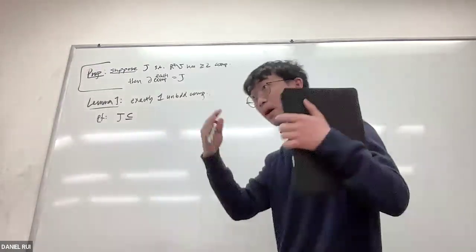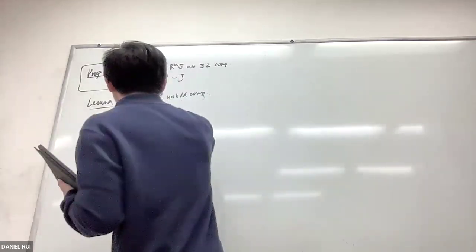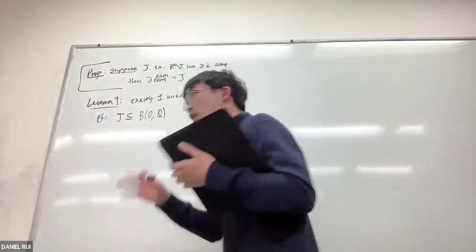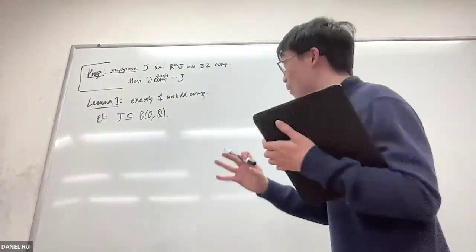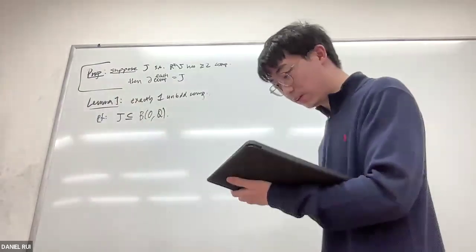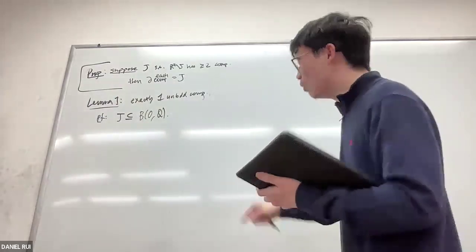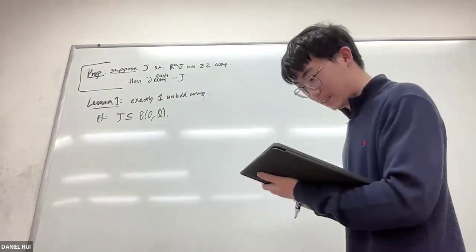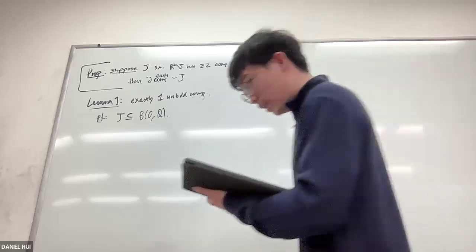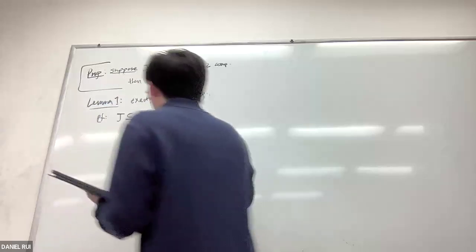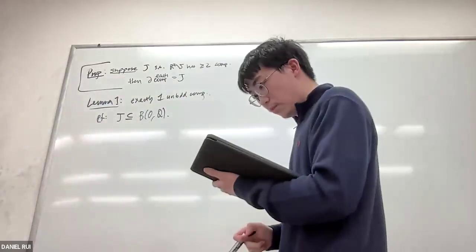It's a compact set, bounded in the plane. It's contained in some ball B0Q, for some radius Q. The reason I'm using Q instead of R is because I will use R later, and this Q will actually show up in passing. So for Q large enough, this is true.